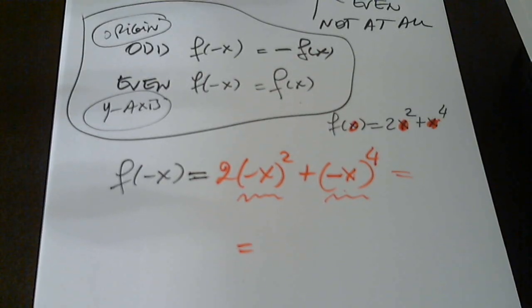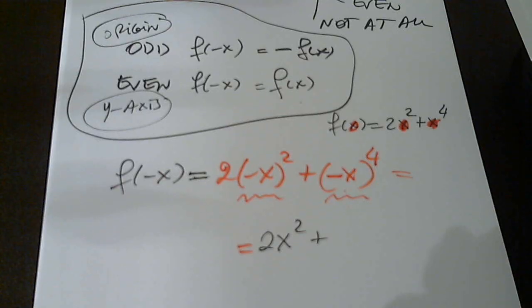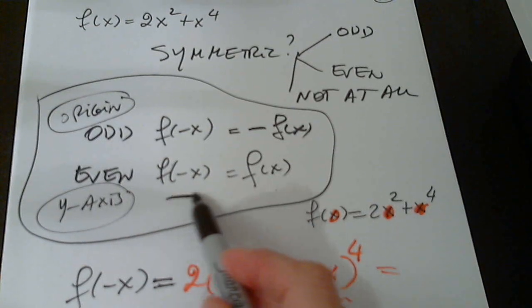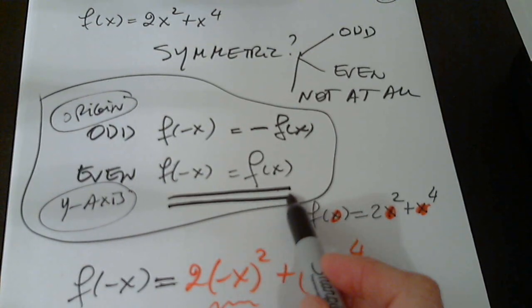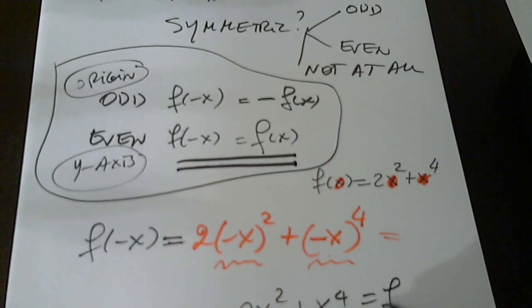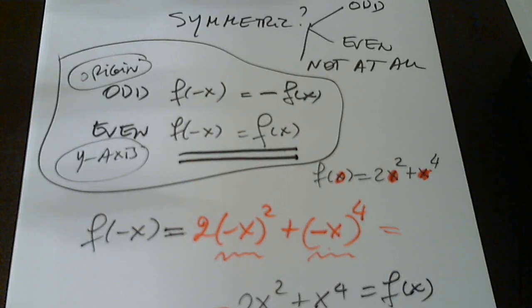It is x squared, of course. X to the fourth. That's it. It's identical with the original function. So it is even. It's identical, no change. F of x and f of negative x are identical, and that's typical for even.